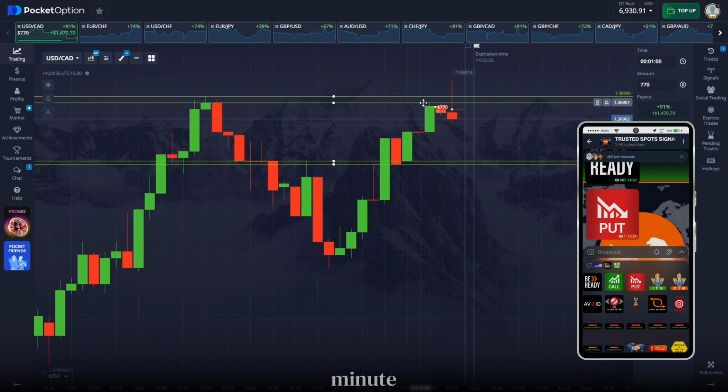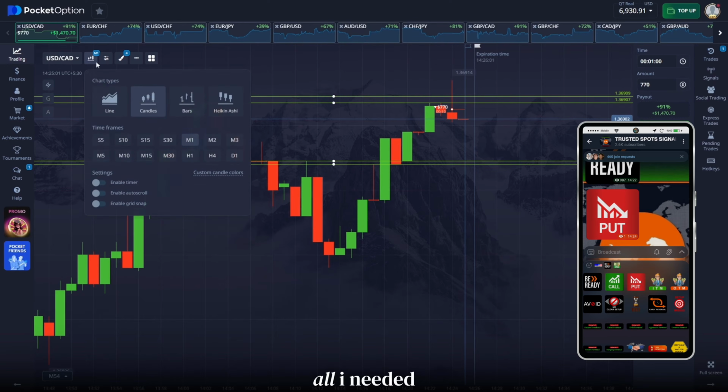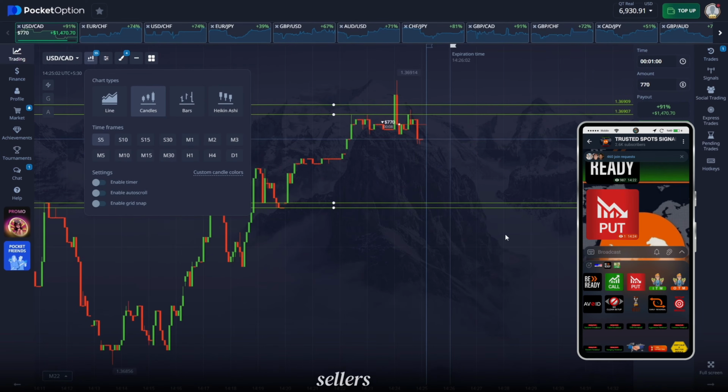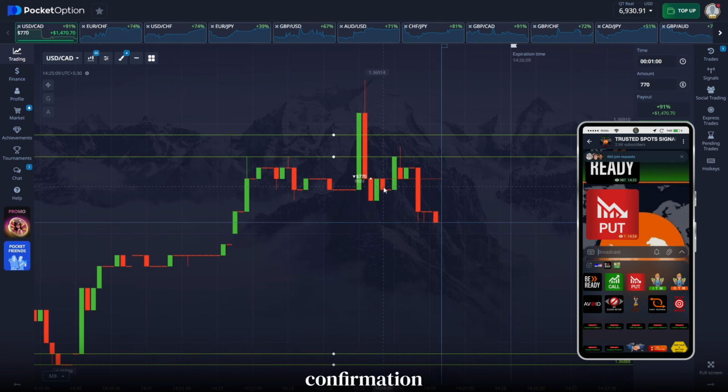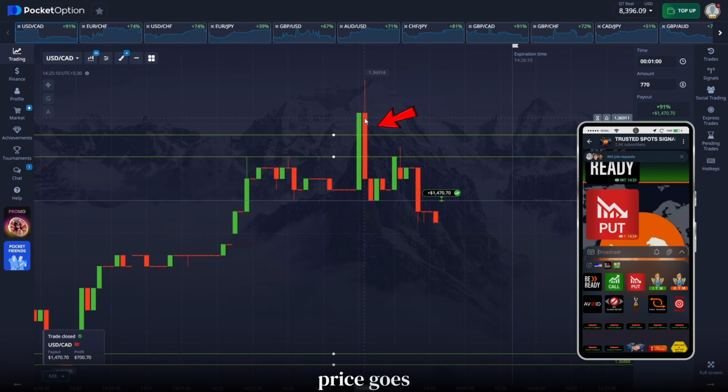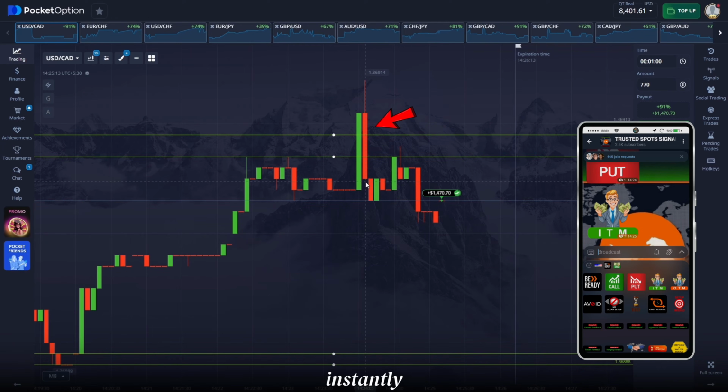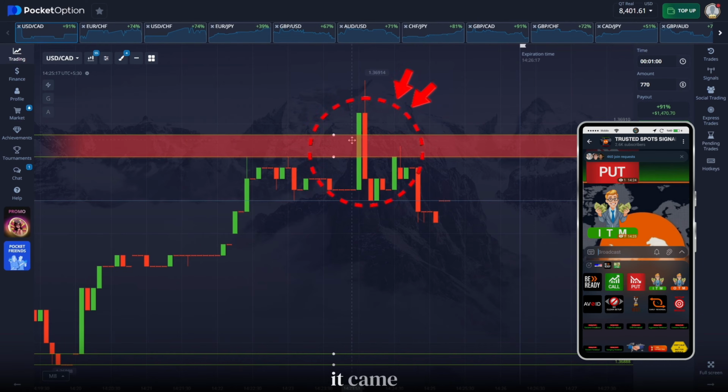Now if the 1-minute candle closing is below and there is no breakout, all I needed was a confirmation from the sellers that yes, I can place a trade. And here you can see we didn't get any strong confirmation except when price goes up and instantly falls. This was the confirmation. It came right from the zone.